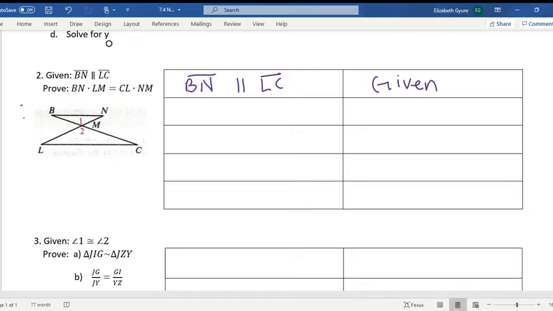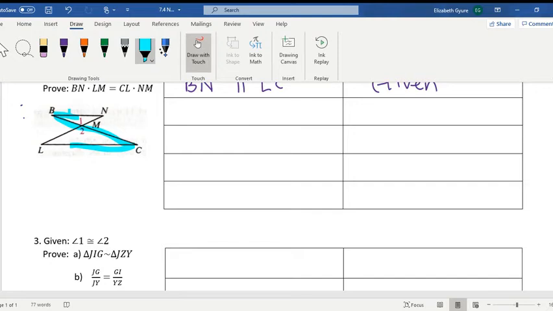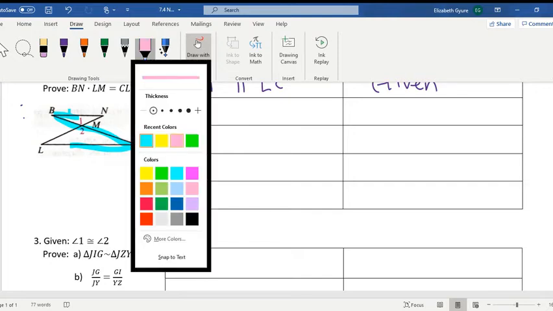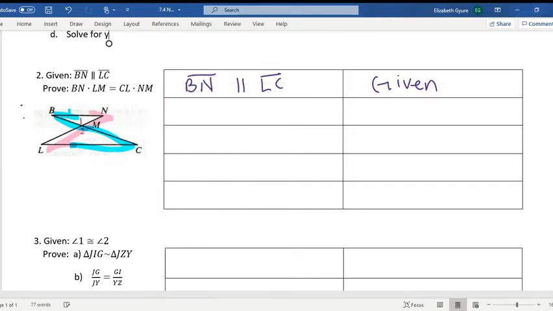So there's actually a few different ways to do this. You could simply use two pairs of alternate interior angles here with BC, or angle B and angle C, and then angle N and angle L. Or if you prefer, you can use your vertical angles 1 and 2 in the middle.